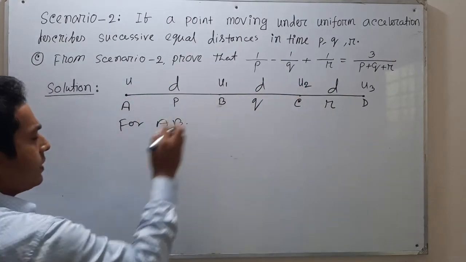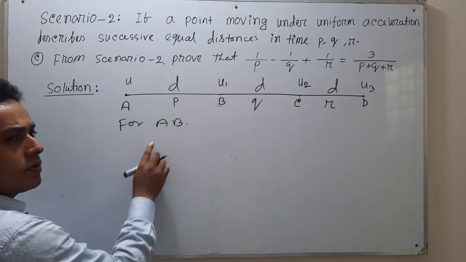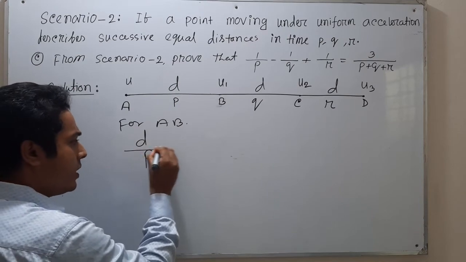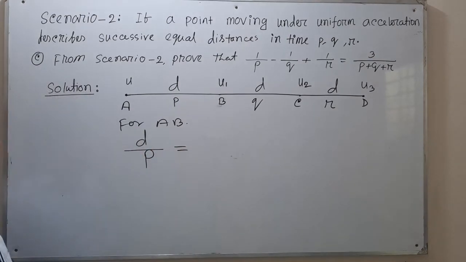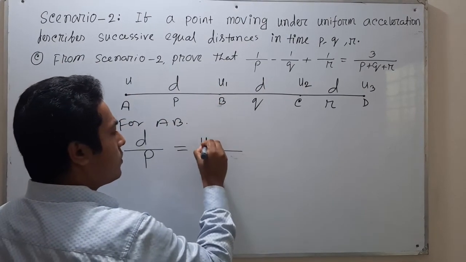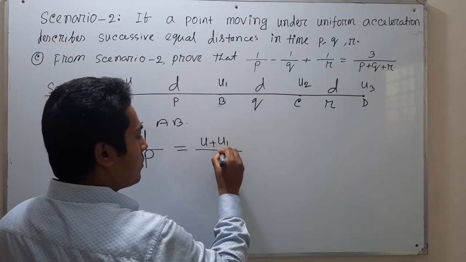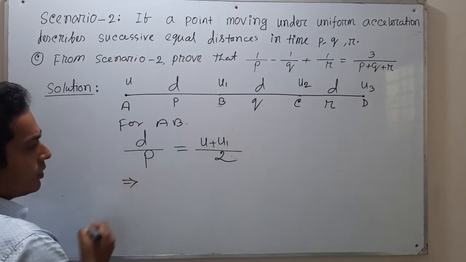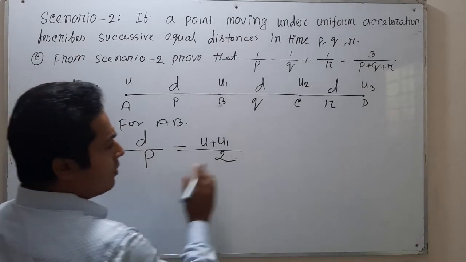For AB, distance is d, time is p, then velocity is equal to d divided by p, which equals the average velocity u plus u1 divided by 2. This is our equation 1.